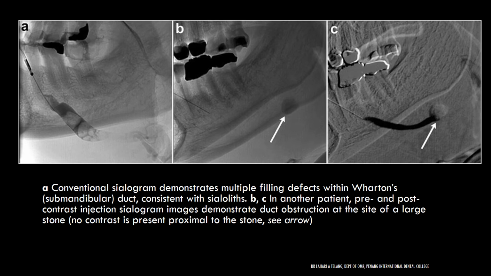Now, this is another patient where you can see pre and post contrast injection xylogram images. This is pre contrast injection, this is post contrast injection, and you can easily see where the obstruction of the duct is happening because of a large xylolith or a large stone.